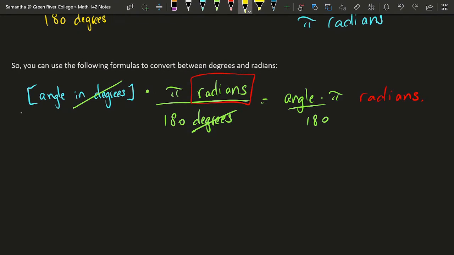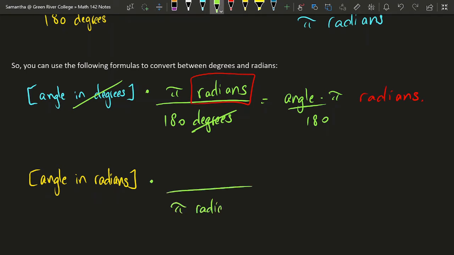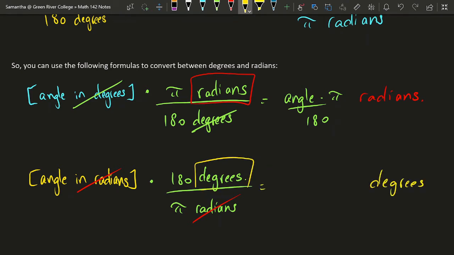So in other words, if I have an angle in radians, and I multiply it by this version of 1, which has pi radians in the denominator and 180 degrees in the numerator, now the radians will cancel out, and I'm left with units of degrees only: my original angle multiplied by the 180 in the numerator, divided by pi.